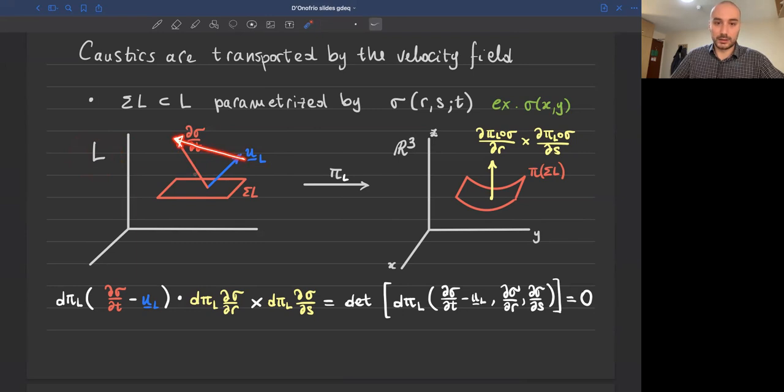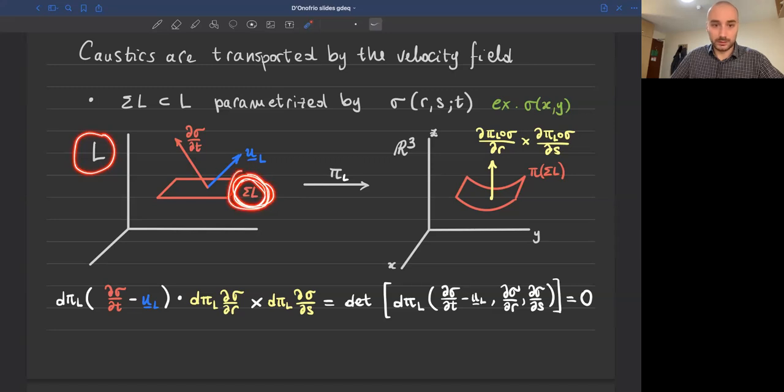Now, this is not going to be in general tangent to the caustics, because caustics are not necessarily transported in L. Sorry, the singular locus. This is not the caustics.